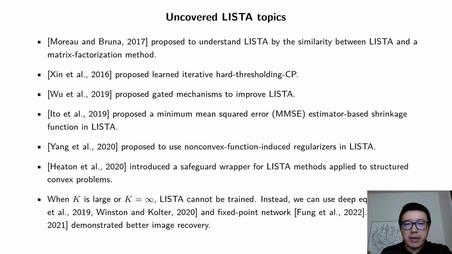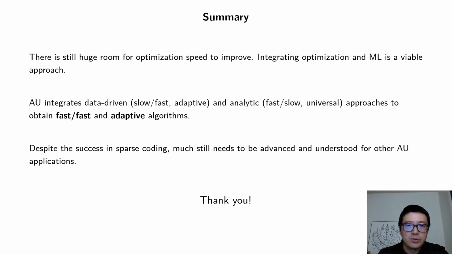And there's a series of papers by Coulter's group, and we also have a series of papers in my group and others in Rebecca Willett's group that studied this idea and applied it to monotone fixed point networks, non-expansive fixed point networks and monotone operators, and demonstrated that such technique, when allowing K to infinity, has better image recovery quality than algorithm unfolding.